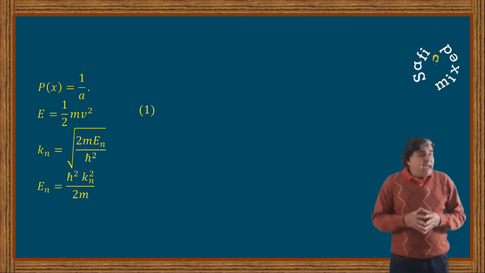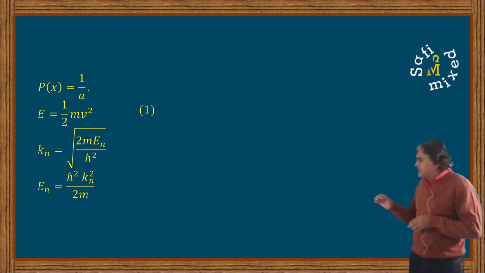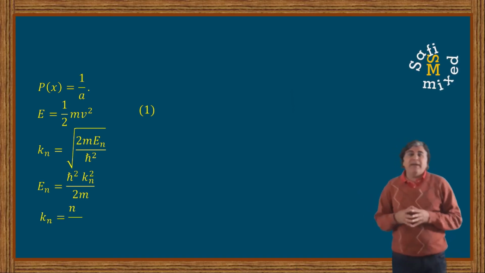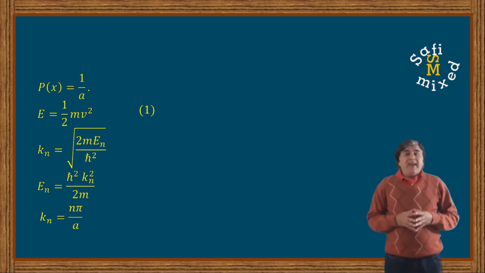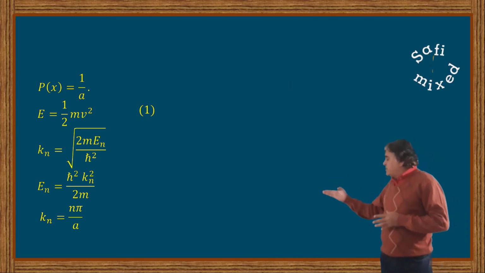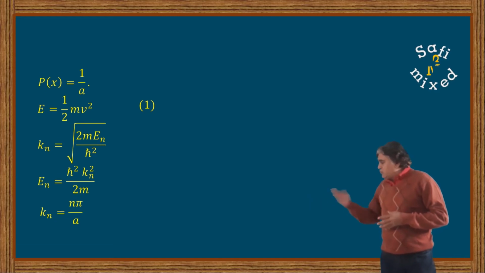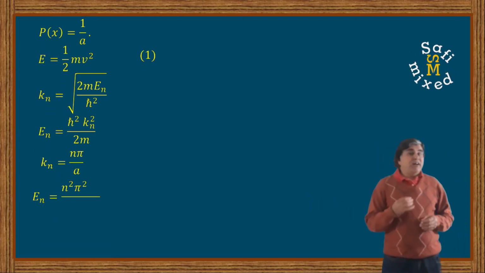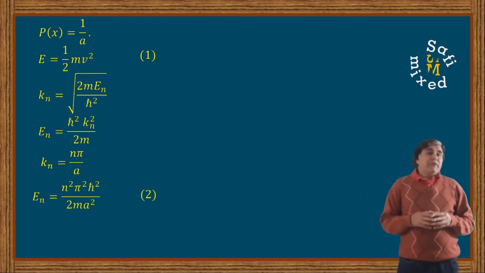And for k sub n, by applying the boundary condition, we found that k sub n in fact equals n times pi divided by a. And if I substitute this value of k sub n in the above equation for energy, I can write the energy in this form, that is n squared pi squared h bar squared divided by 2m times a squared.